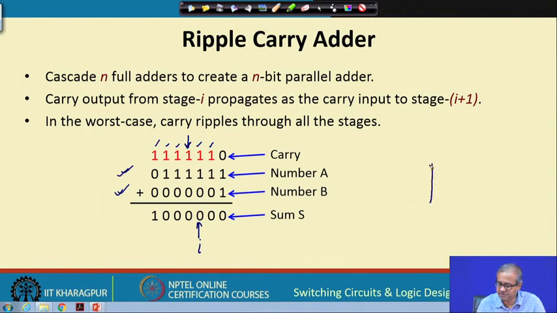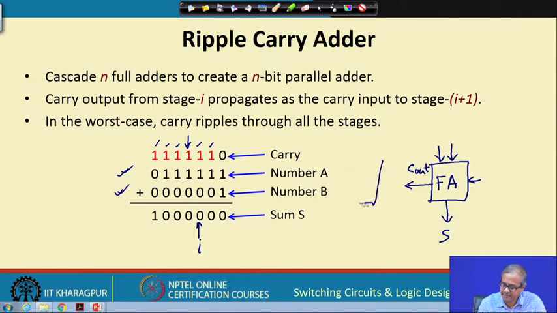So, you see, if I have a full adder now, if I have a full adder like this, where the two inputs that are coming, let us say the two input bits are applied here, I get the sum, that sum bit is generated, and whatever the carry is generated, this is my carry out, and this is your carry in, right. And if you use another full adder side by side, this carry out will be connecting as the input carry in to the next stage.